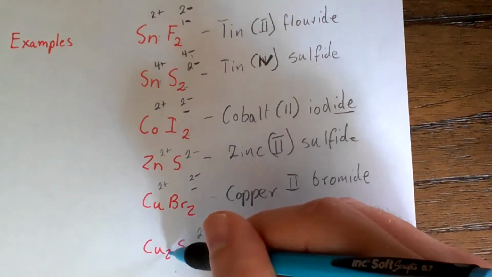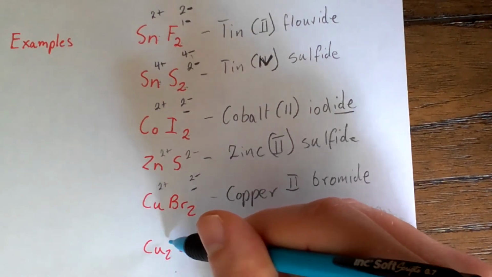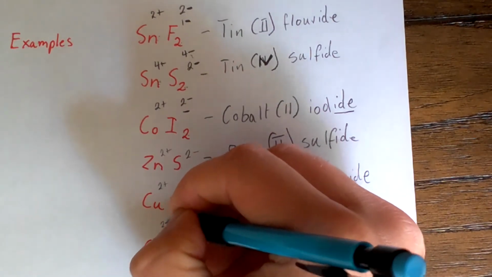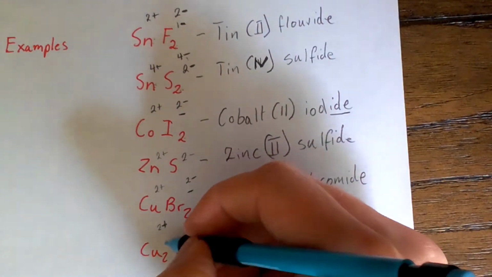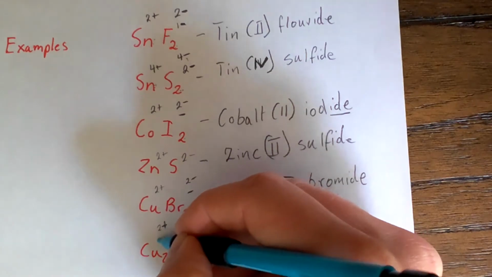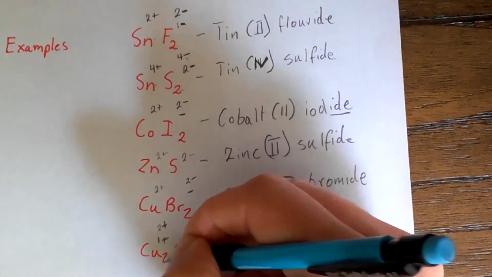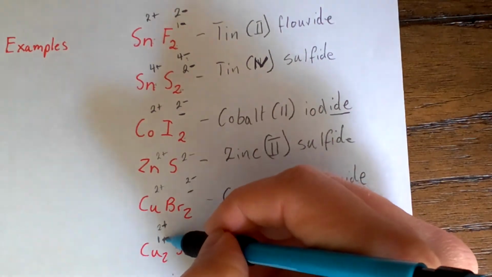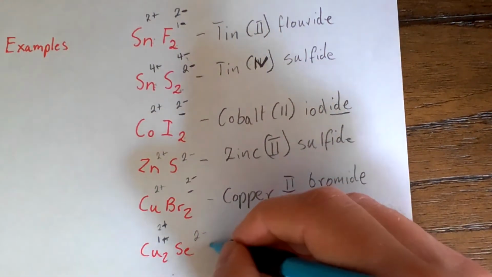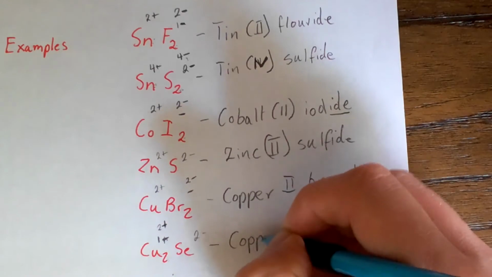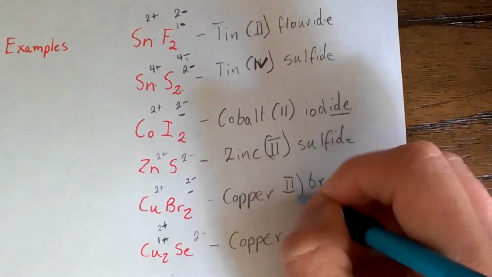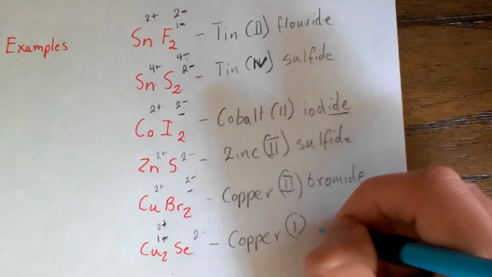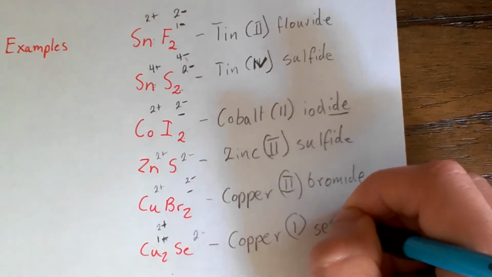So we know that 2 times what will give us positive 2, because the overall charge has to be 2 plus. Copper 1 plus will give us 2 times positive 1, which is 2 positive. So this is copper 1. So this is copper Roman numeral 1. Forgot the parentheses. Selenide.